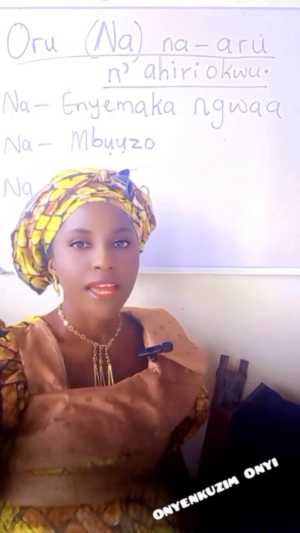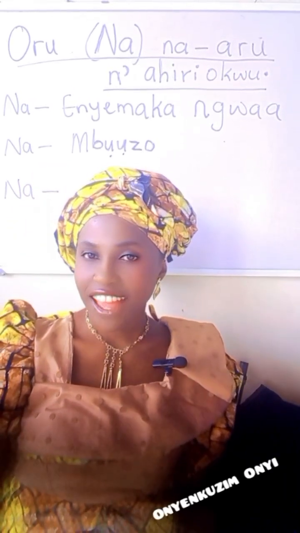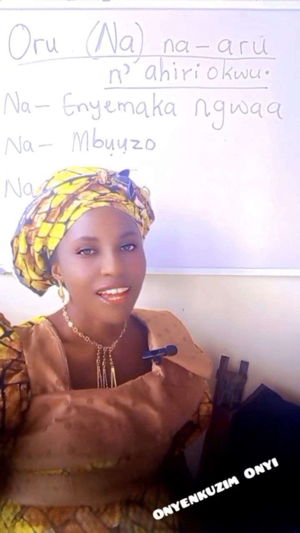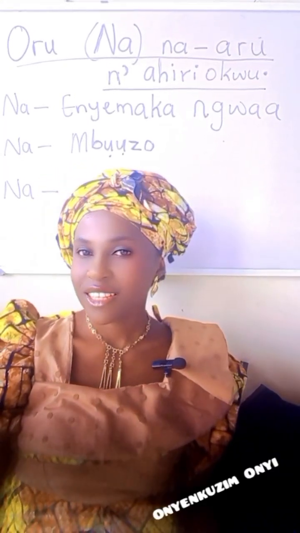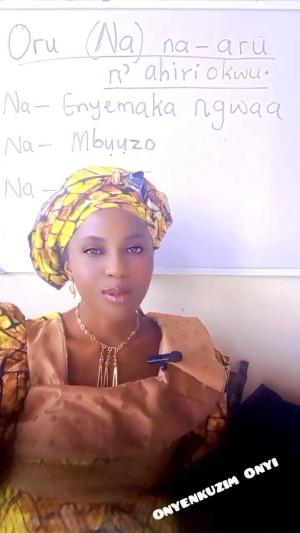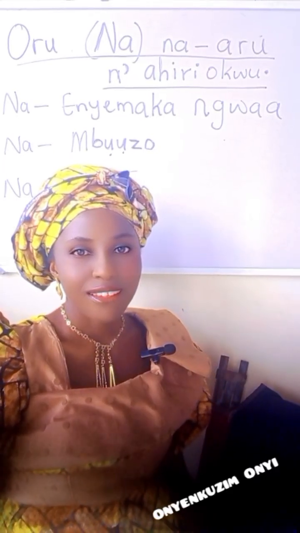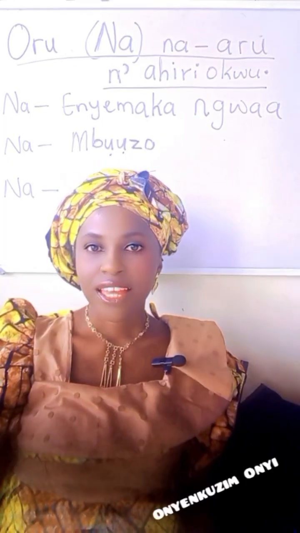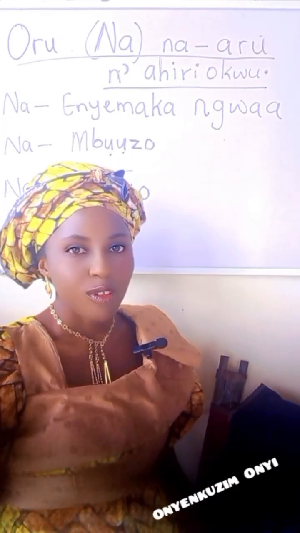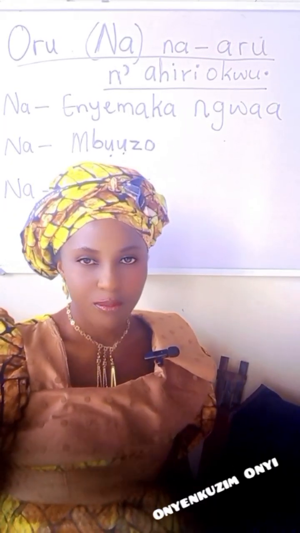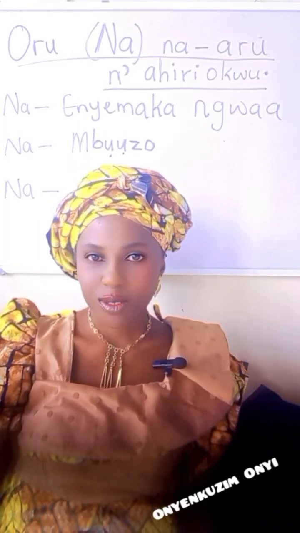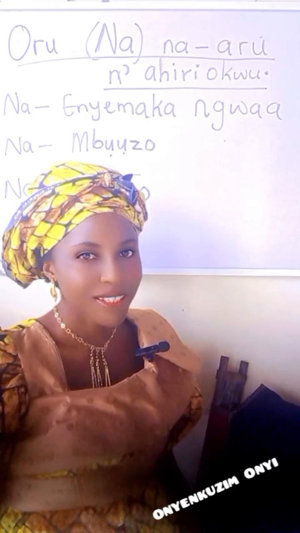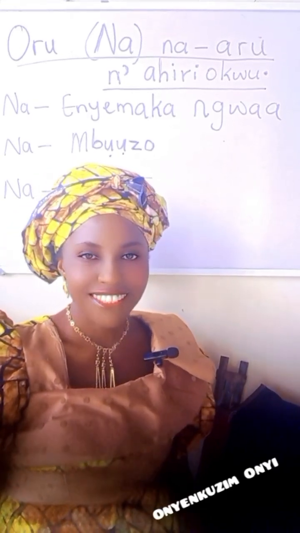Okay. The word na is used in many ways and in many contexts in the Igbo language. We are going to know how they are used and what they stand for in Igbo language. Now, in one of our classes, we were taught parts of speech, and it's interesting to know that na does the work of three major parts of speech in a sentence.